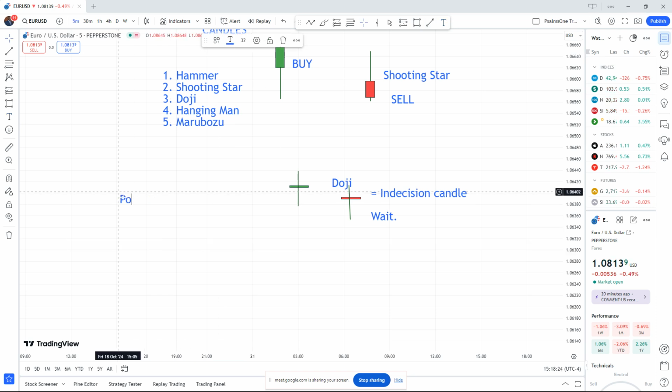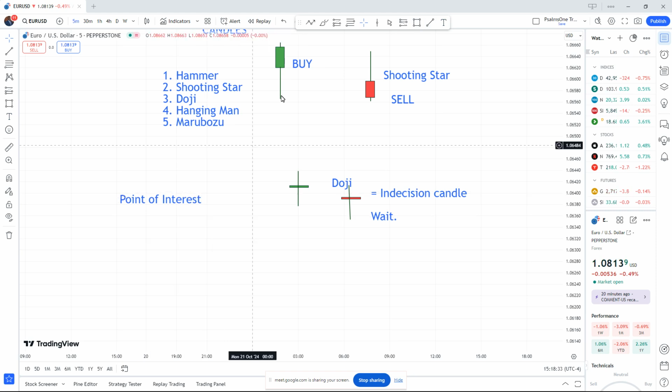Then it got to this upper part, and people wanted to sell, a lot of sell orders, and pushed price back down.